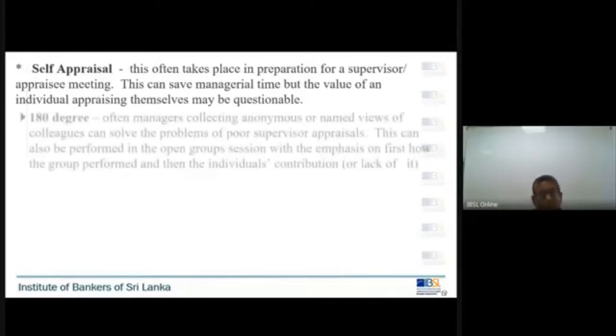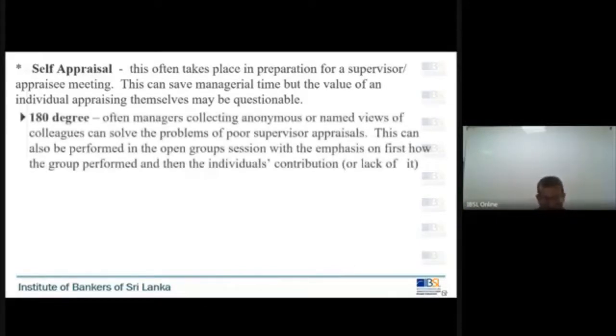The third one is the 180-degree method. I'm just explaining to you simply, you try to understand. 180-degree means the boss evaluates you. That is normally taking place in the bank in today's context. The boss evaluates you based on certain criteria, maybe as he likes, and gives that appraisal form to you to see whether you agree or not.